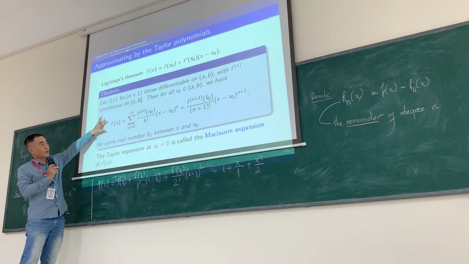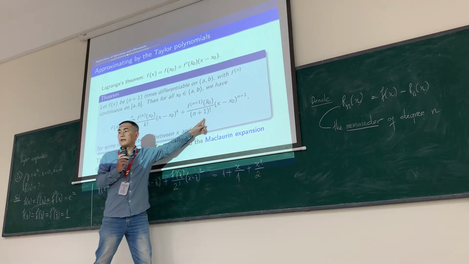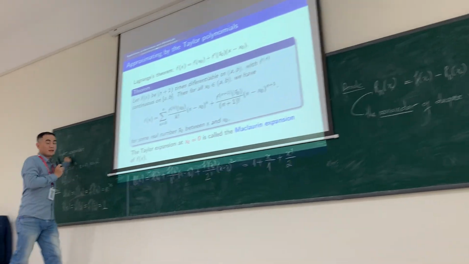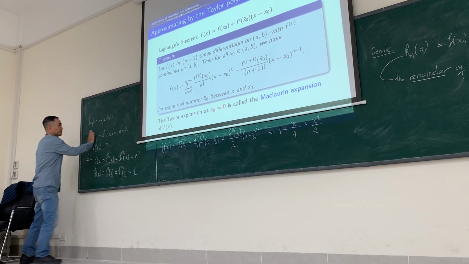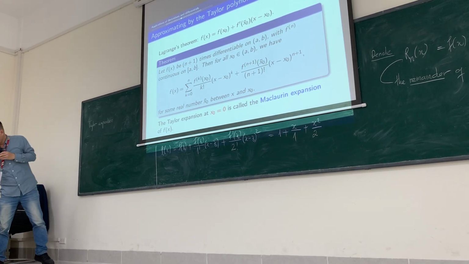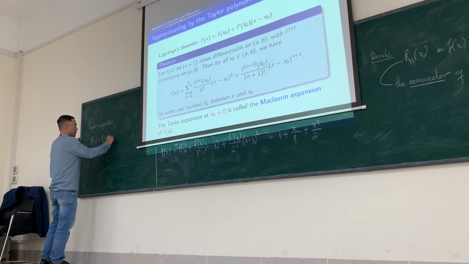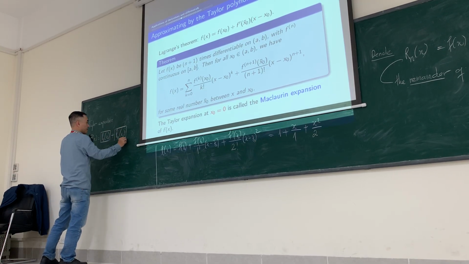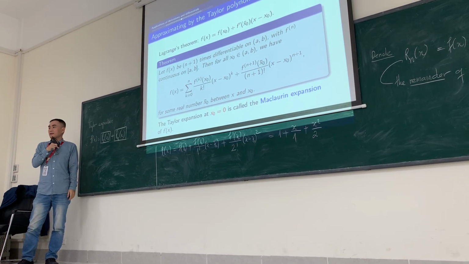When we express f(x) by the Taylor polynomial plus the remainder, the expression here is called the Taylor expansion. That means we can express f(x) by P(x) plus the remainder. Khai triển Taylor.